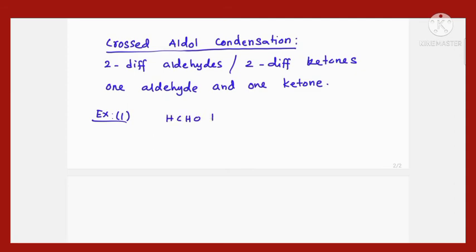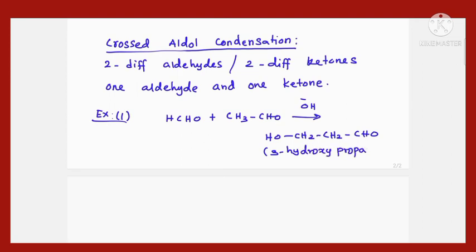HCHO formaldehyde reacts with CH3CHO acetaldehyde in the presence of a base like sodium hydroxide or potassium hydroxide, which results in the formation of this product, HO CH2 single bond CH2 single bond CHO, which is called 3-hydroxypropanol. This is an aldehyde with 3 carbon atoms, so it is propanol, and this OH group can be considered a substituent.